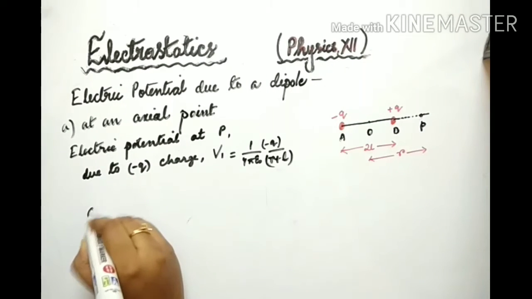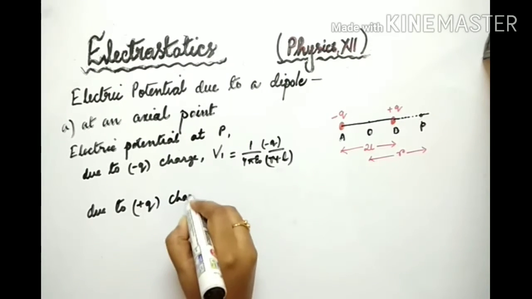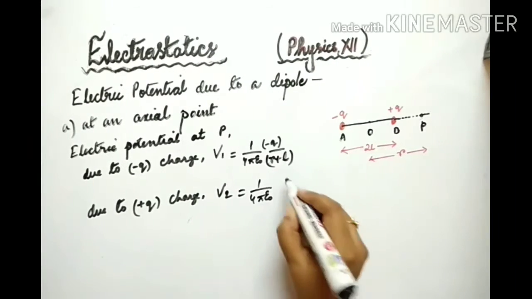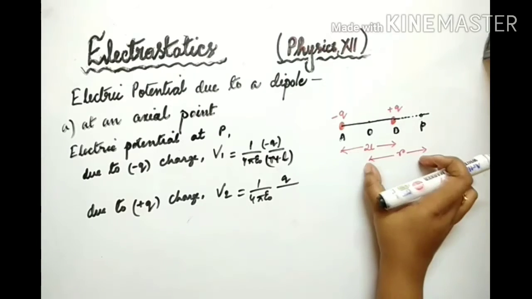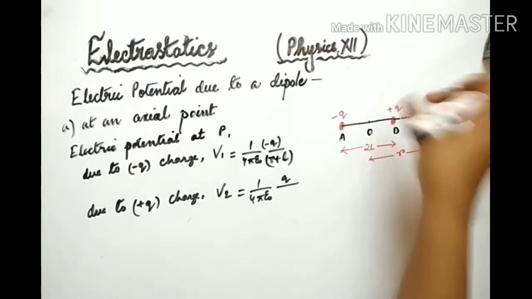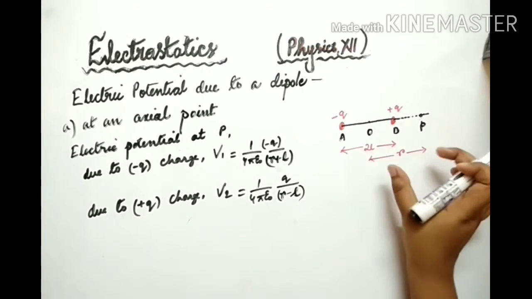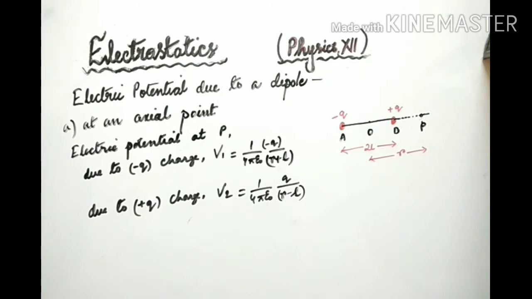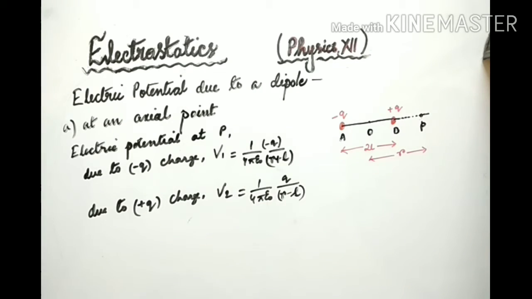Next, electric potential at P due to plus Q charge can be written as V2 equals 1 by 4 pi epsilon naught Q by, now see the distance of plus Q from P. This is R and this much is L, so this will be R minus L. Since potential is a scalar quantity, we are not mentioning any directions.